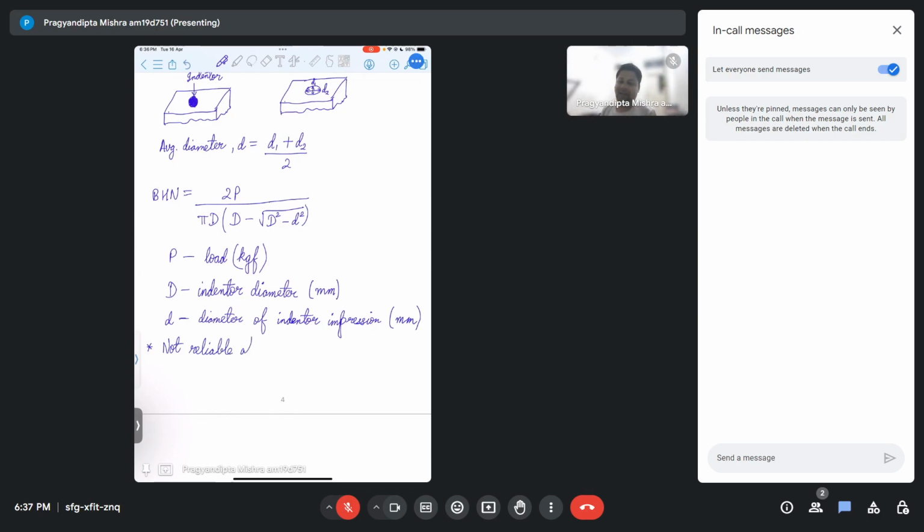And it is not very suitable for thin samples also, due to the very large indent impression.